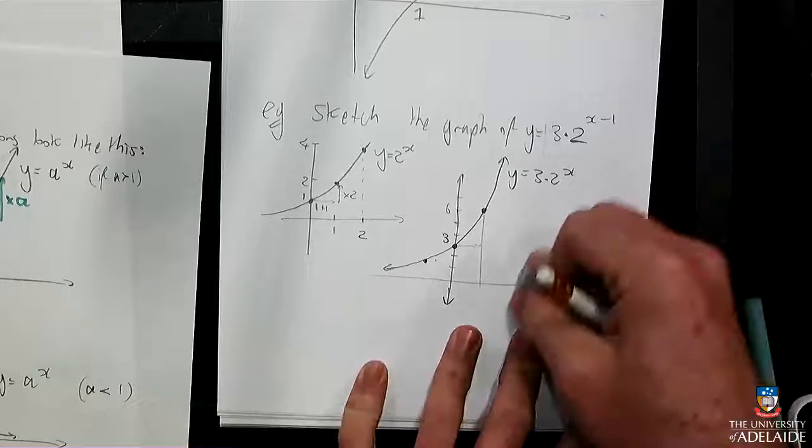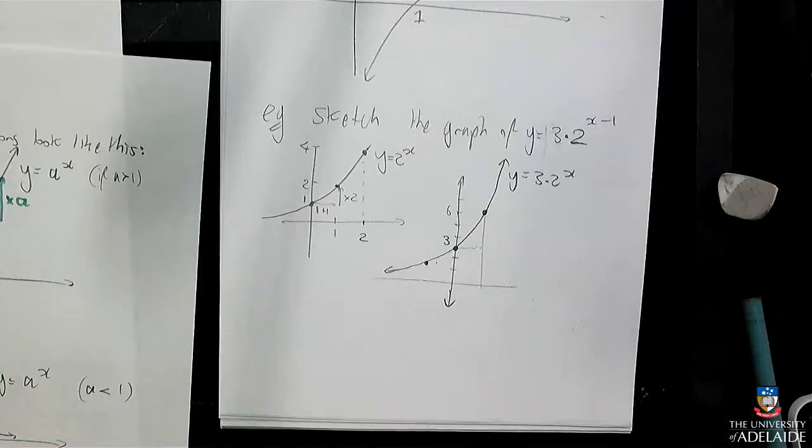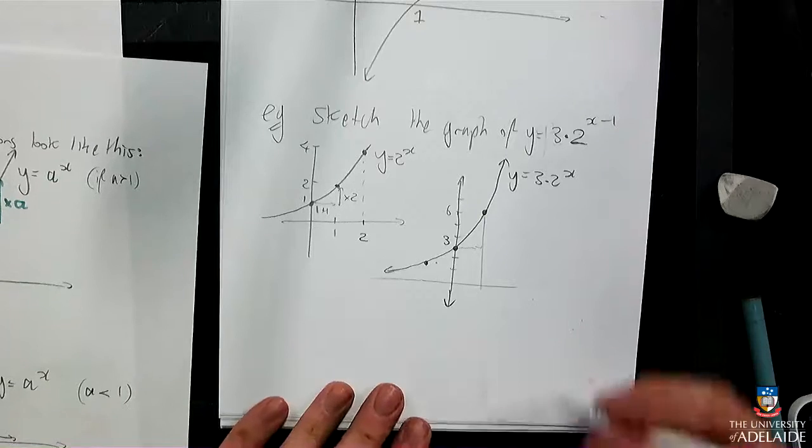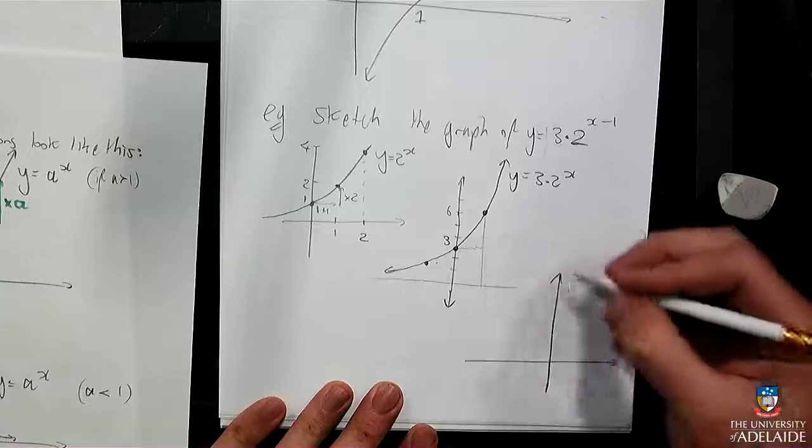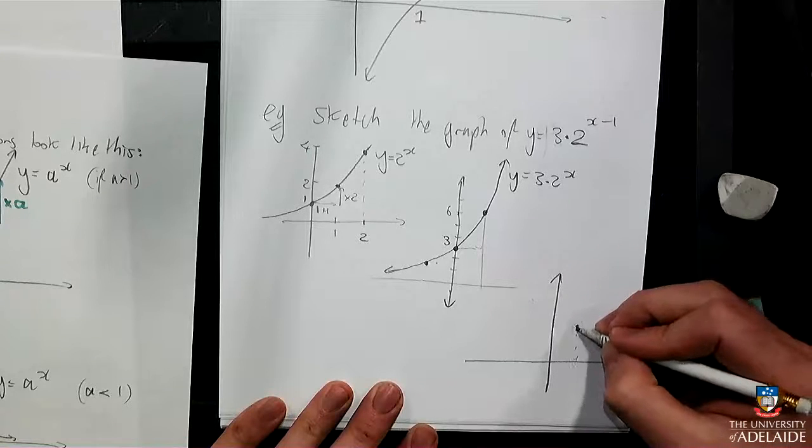And finally, the graph we really want is 2 to the power of x take 1. Now I know if I put x take 1 into a spot of a formula, that will shift the graph forward by 1. So this thing here at 3 will actually happen here at 1.